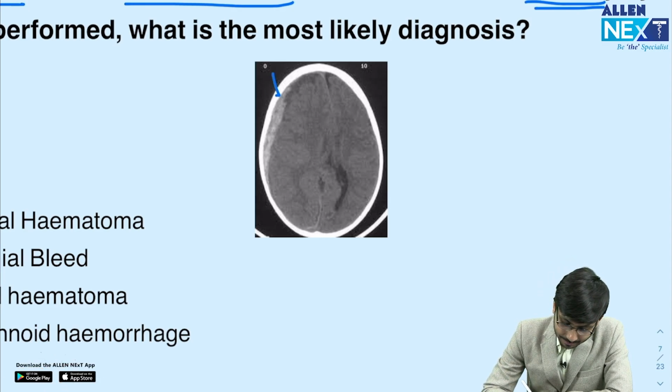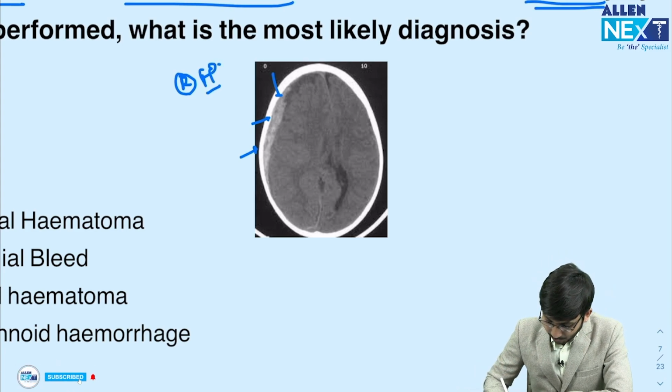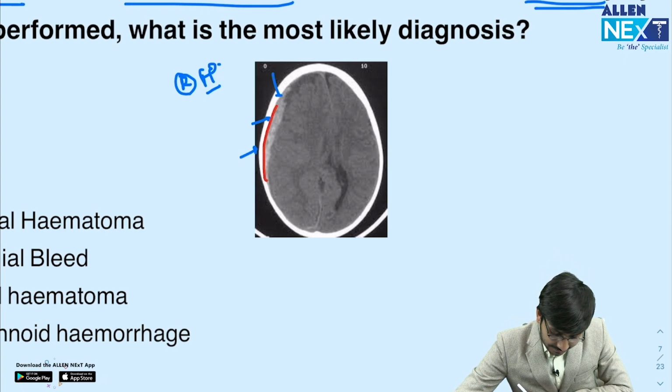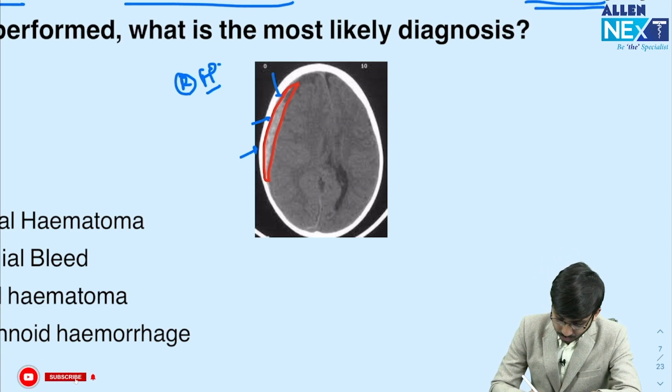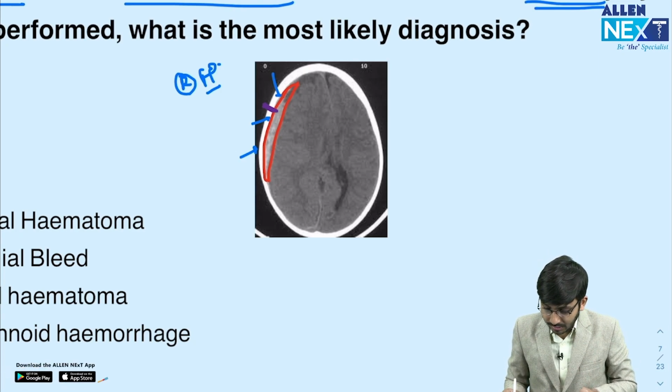We see this hyperdensity along the right frontoparietal convexity. And what type of hyperdensity is it? It is showing this concavo-convex shape, and it is crossing the frontoparietal suture. So what have we learned here?